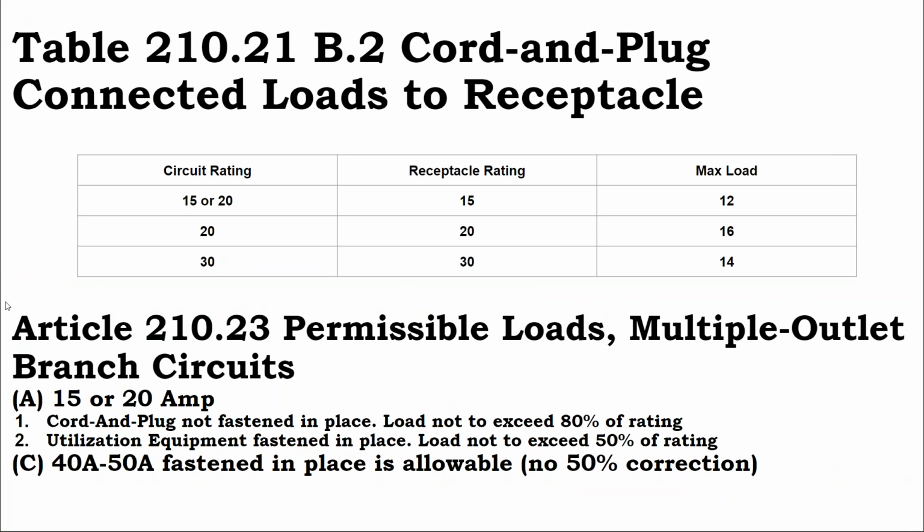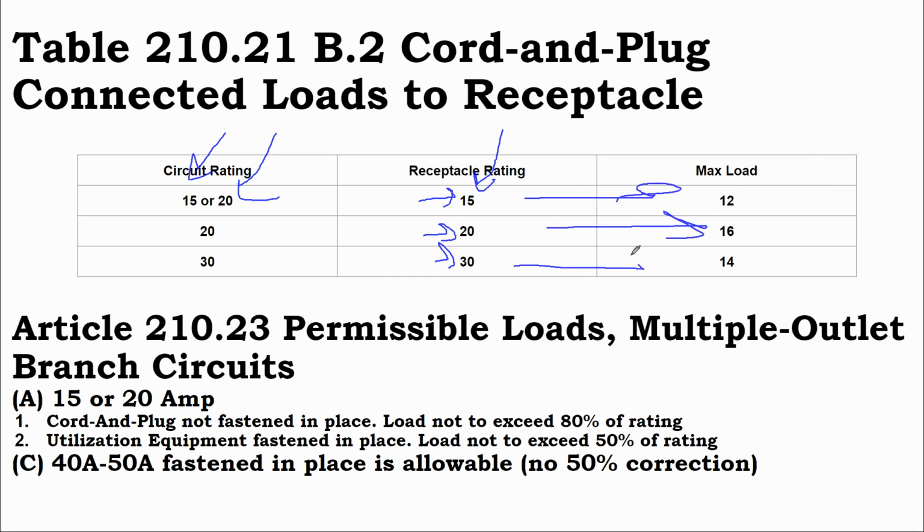So when you look at your breakers and you say, okay, well, that's a 15 amp load, that's a 20 amp load, and you look at your receptacle ratings and the receptacles are rated for 15 amps or 20 amps, that means you still have to put a smaller load into the actual load or real load into those receptacles.